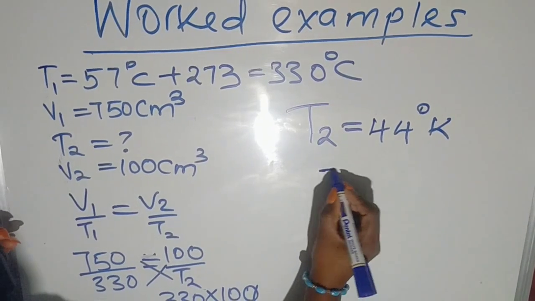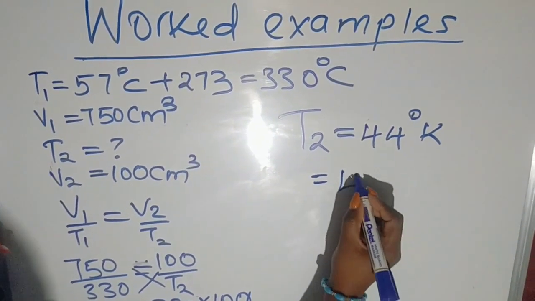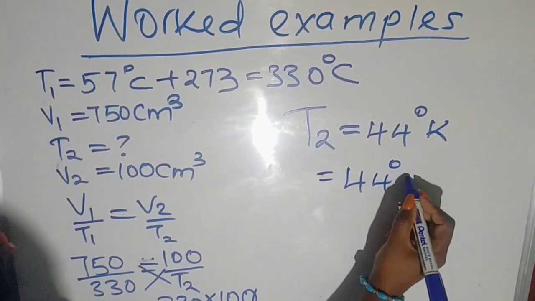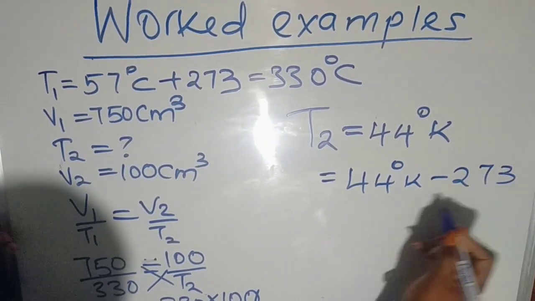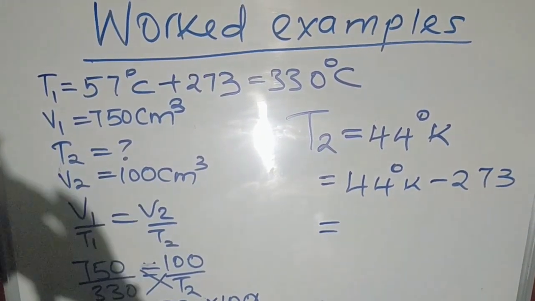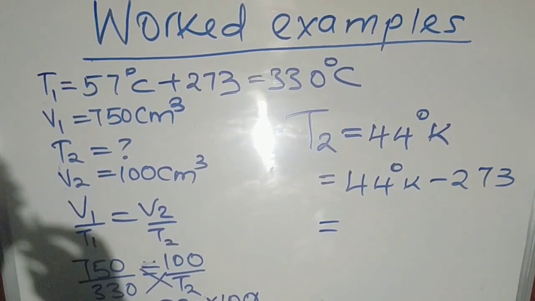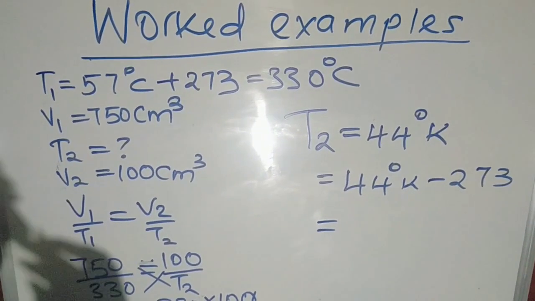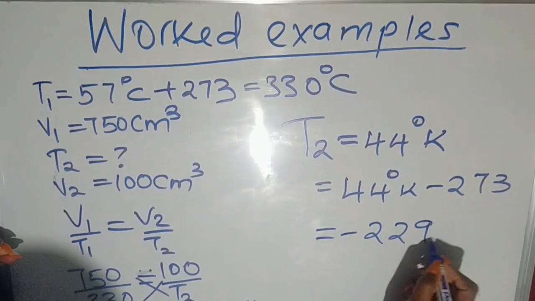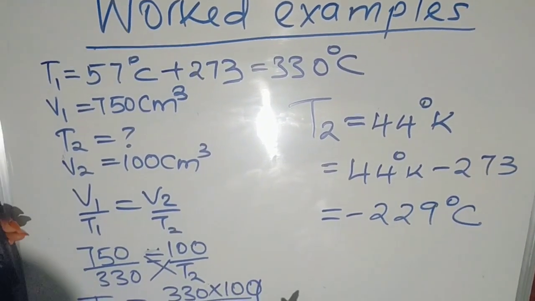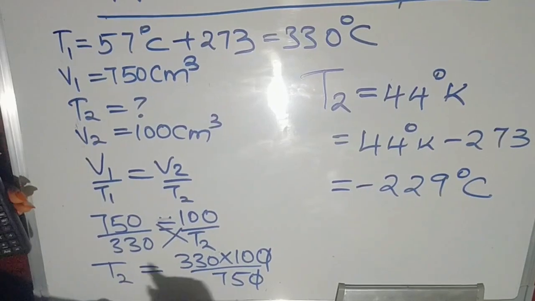So what we do in this case, we take 44 degrees Kelvin and subtract 273. This is equal to 44 minus 273, which is negative 229 degrees Celsius. So that is the answer for this particular question.